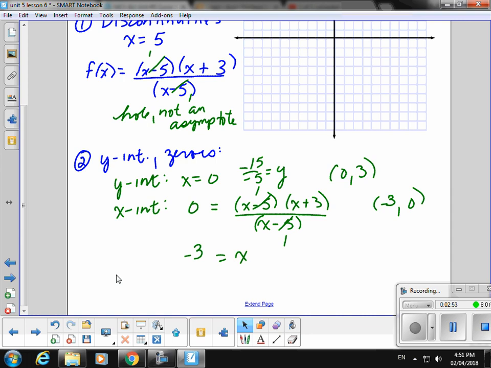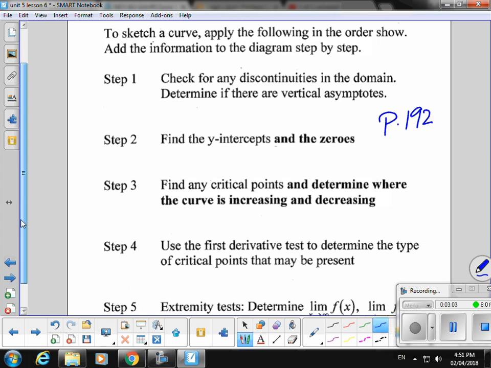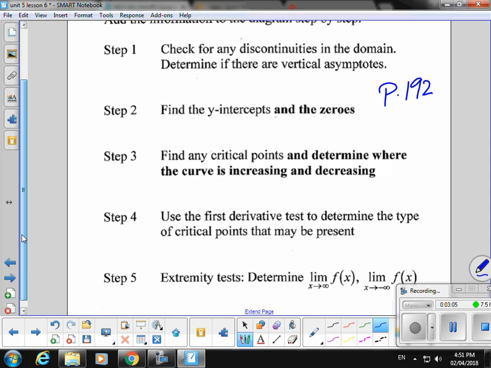All right then, let's look again. Step number 3, find any critical points and determine where the curve is increasing and decreasing. So I combine step 3 and step 4 so that as I am organizing my thoughts, I am looking for increasing and decreasing, which will tell me whether I have a max or a min.